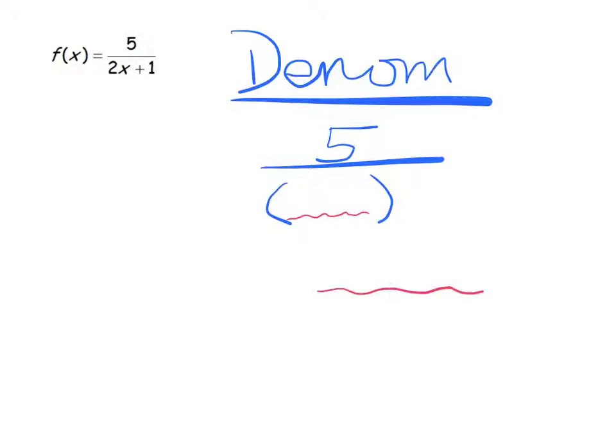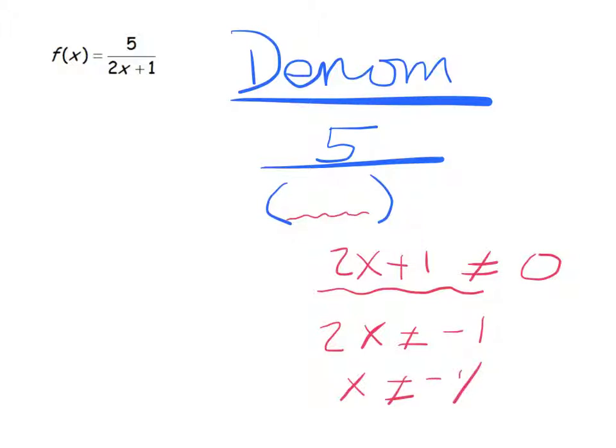So we're going to take that quantity, which is 2x plus 1, and say that we want that not to be equal to 0. We'll just solve that equation. The x that makes this equal to 0 will be the only value that makes that denominator equal to 0. So we'll solve: 2x can't be equal to negative 1, which means x can't be equal to negative 1/2.